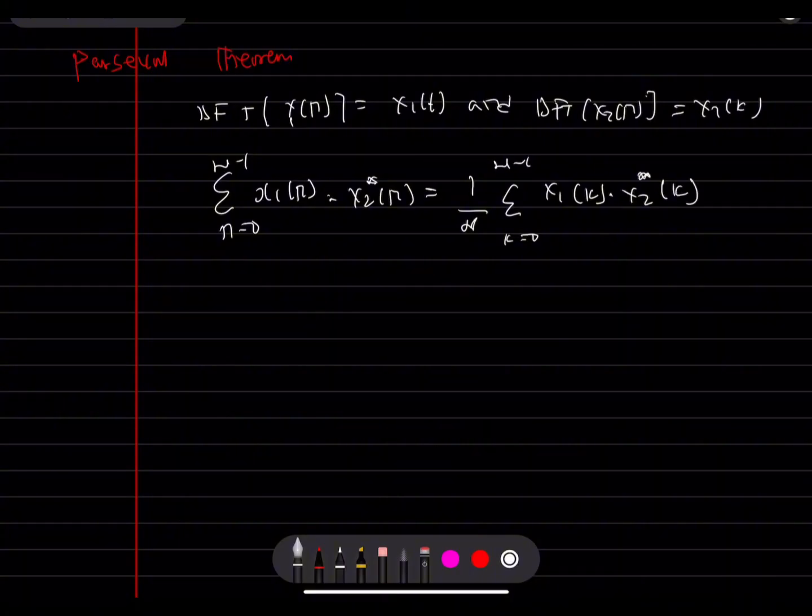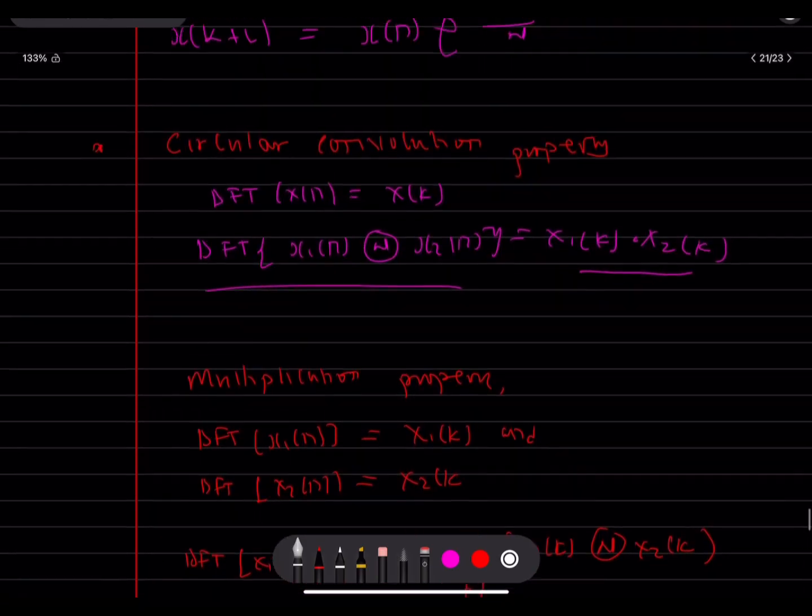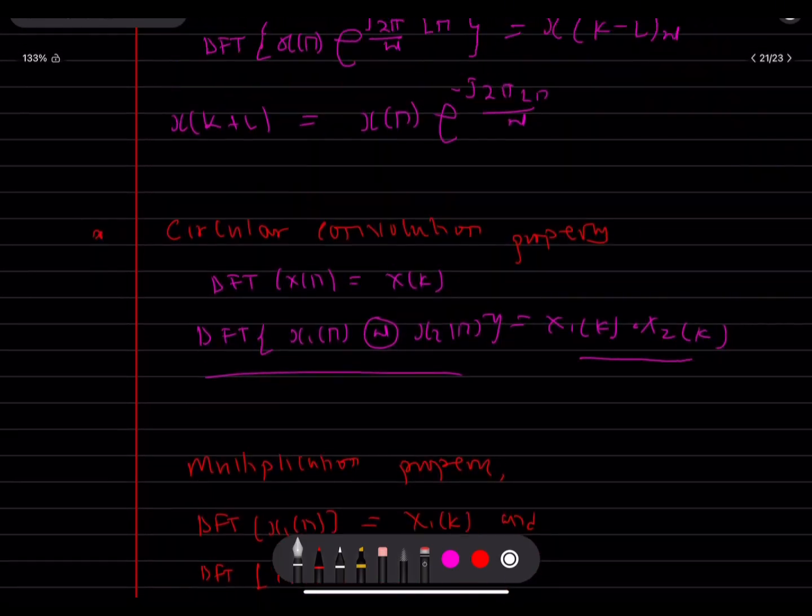So these are basically the properties that I wanted us to discuss. You can read more on this, but before that, I'll end here and see you in my next tutorial.